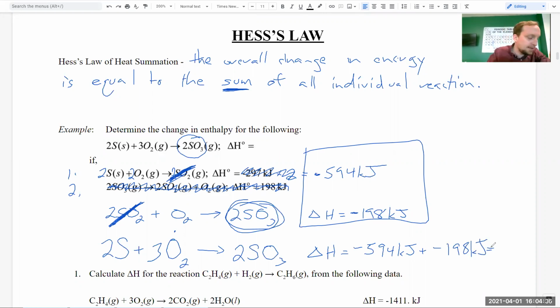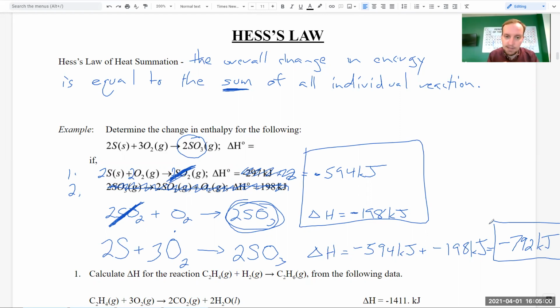And what we get in the answer is, let's see, negative 594 plus negative 198, we get negative 792 kilojoules.